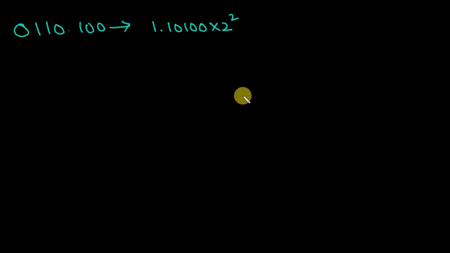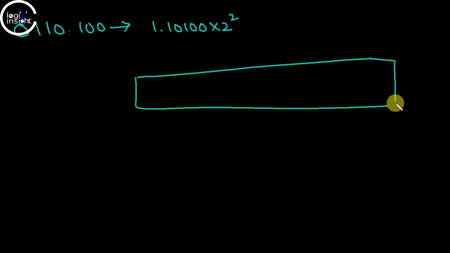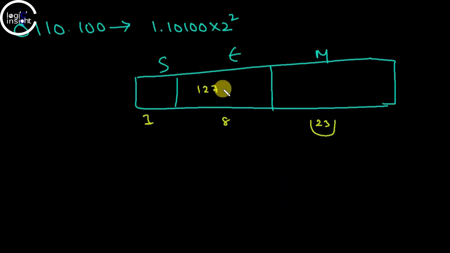In order to store this, we have a fixed format, that is sign, exponent and mantissa. We already discussed that to store significant digit precision we need 23 bits, so that is allocated here, and here we add 127 to the exponent.